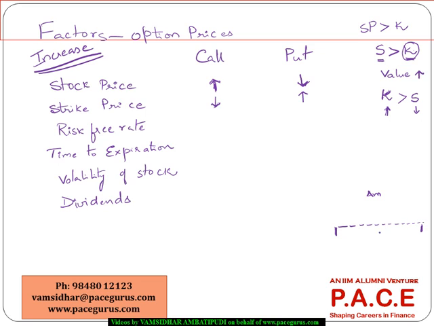On all these days, the exercise can happen. So on any one of the days, if the stock price is going more than the strike price, the person who has gone for a call option can exercise it.